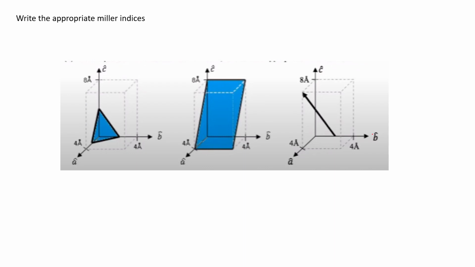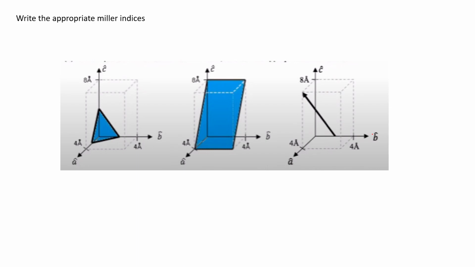Now see this problem. You have to find the appropriate Miller indices. So can you please do it? Two planes are given in the first two pictures, and in another one the direction is given. In each case, you have to find the intersection coordinates first, then take the reciprocal of it.